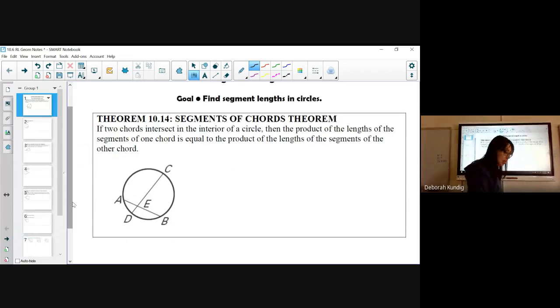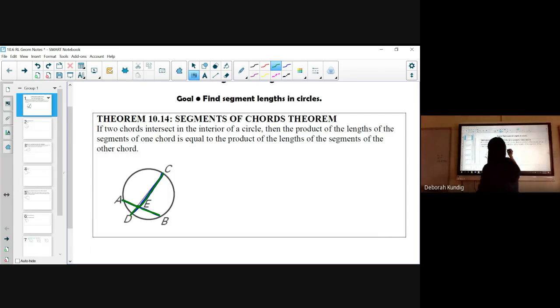So the first segment type is, if two chords intersect in the interior of the circle, then the product of the lengths of the segments of one chord is equal to the product of the lengths of the segments of the other chord. So if you see these two chords and they intersect, this piece times this piece is going to be equal to this piece times this piece.